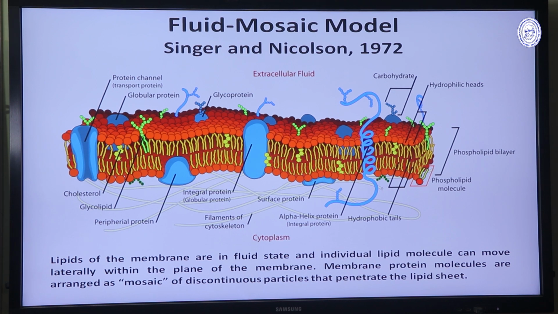This model shows that lipid bilayer of the membrane are in fluidic state and form the backbone of biomembrane, where this lipid molecule can move laterally and freely within the plane of membrane, and within these lipids there are patches or mosaic or discontinuous particles of protein that penetrates this lipid bilayer.